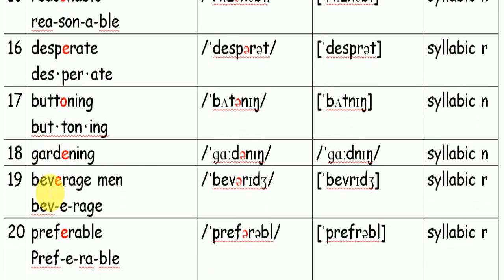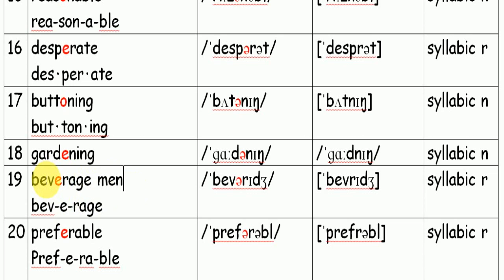Here, I'd like to shed light on very important and useful information, which is the first syllable of this word, beverage. Beverage and men both have a short e sound, but the short e sound is rather different here in bev than in men.